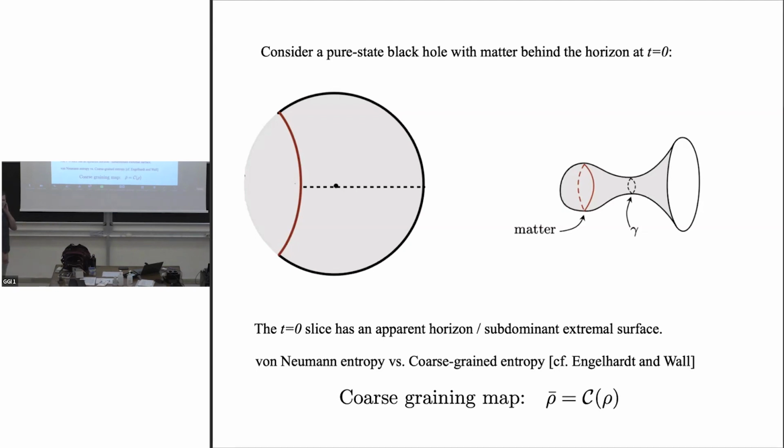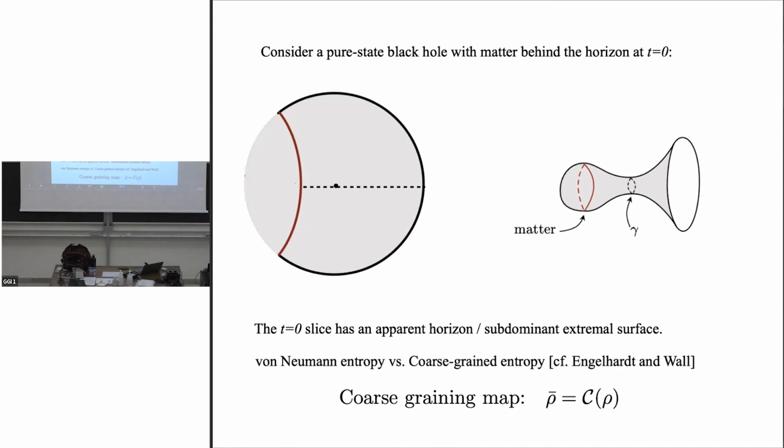So I might call it an apparent horizon, but maybe you prefer to think of it as an extremal surface. It's certainly a subdominant extremal surface in the sense of the Ryu-Takayanagi formula, because we're talking about pure states. The von Neumann entropy of this state is 0. And the Ryu-Takayanagi surface is the nothing surface that just contracts away to nothing over the end of this spatial geometry. On the other hand, it's natural to assign to this apparent horizon some kind of coarse-grained entropy.